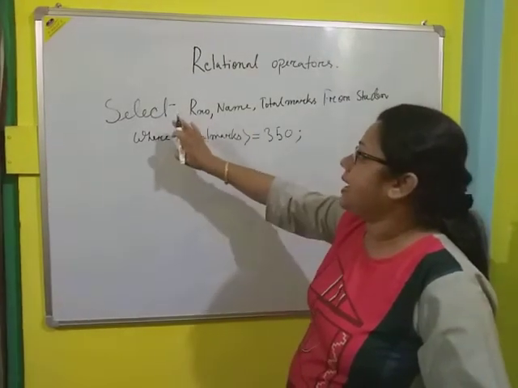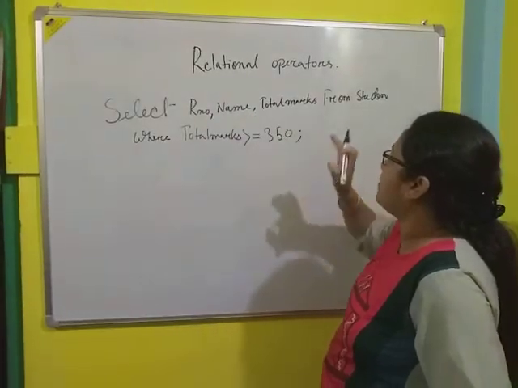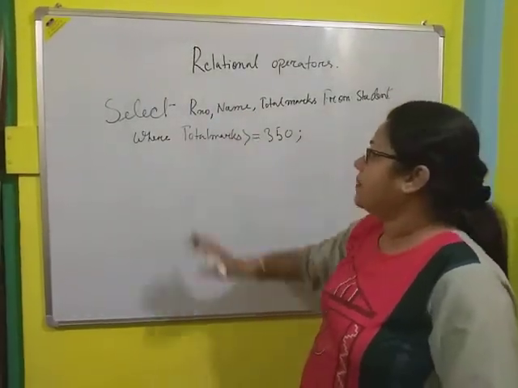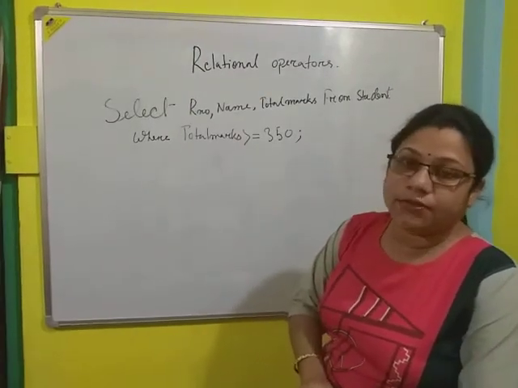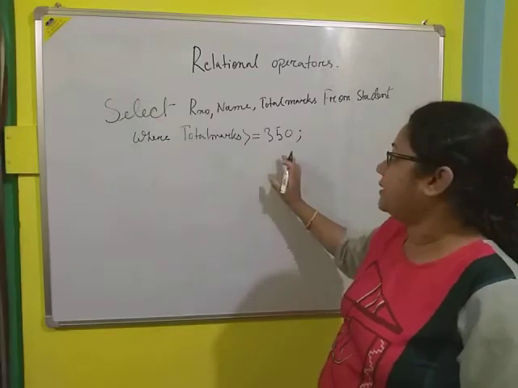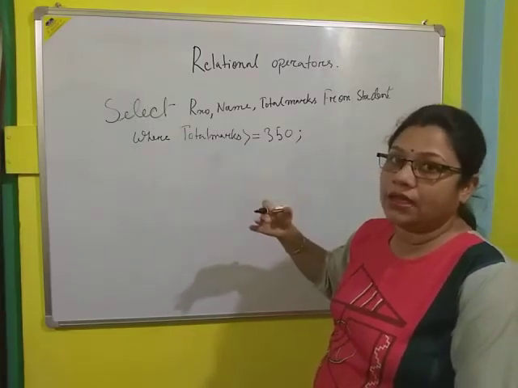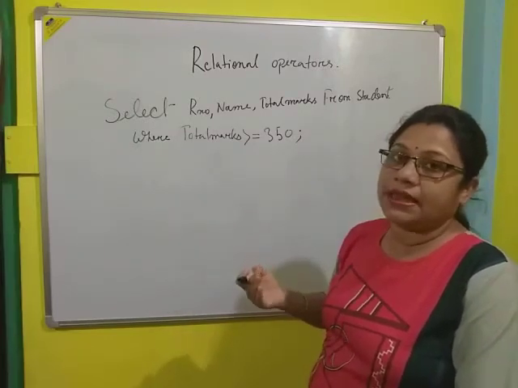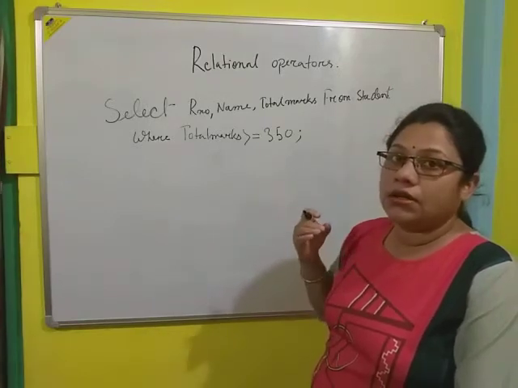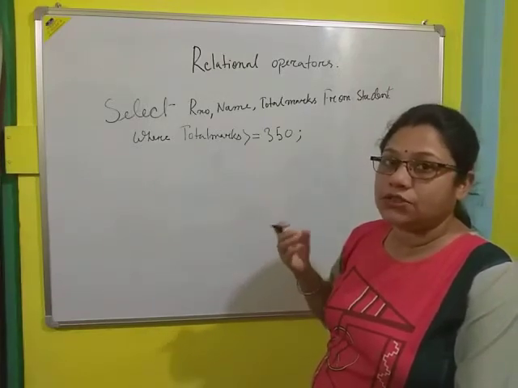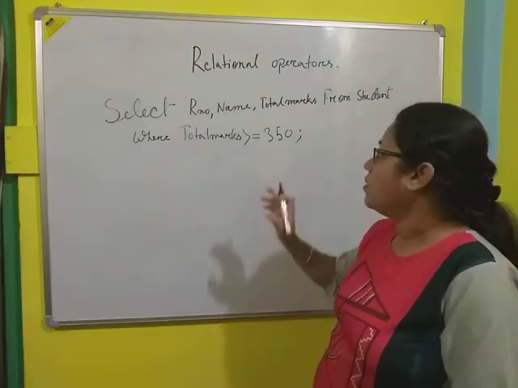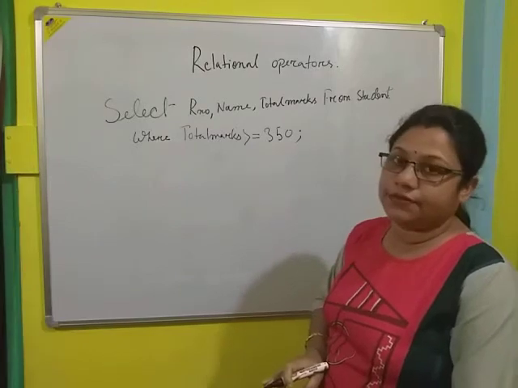Select roll number, name, total marks from student where total marks greater than equal to 350. When you write this query and run it, the computer displays the names of the students whose total marks is greater than or equal to 350.